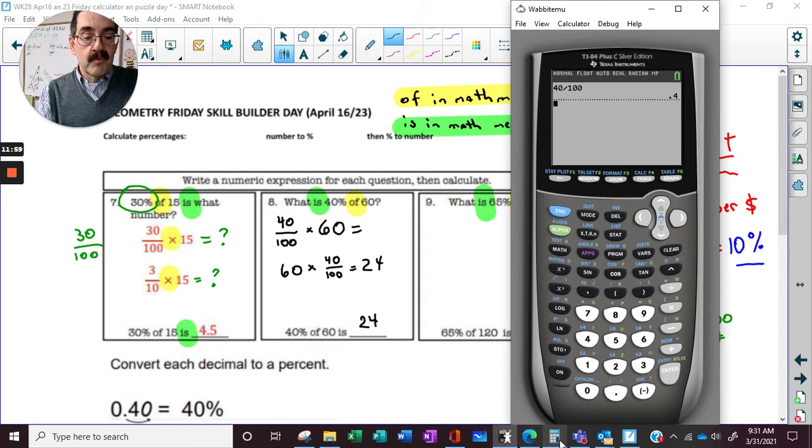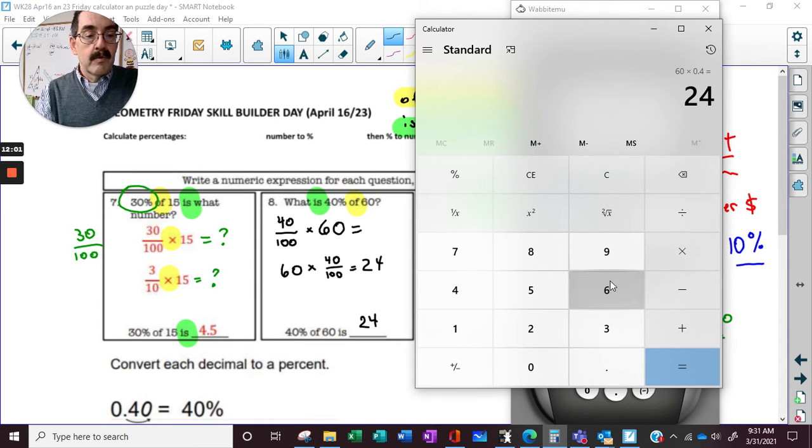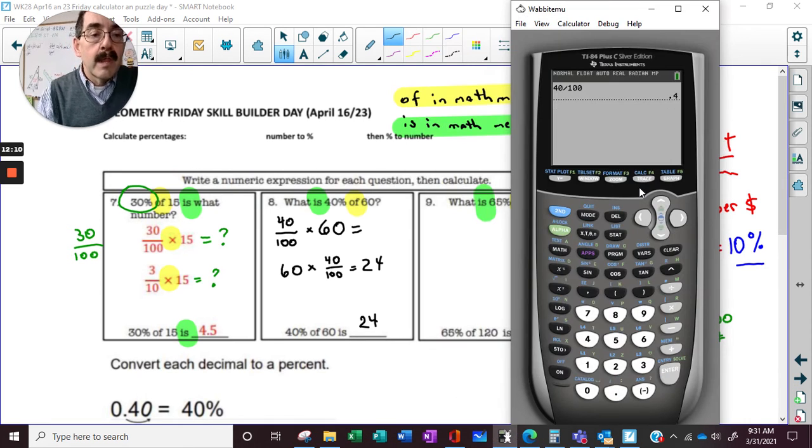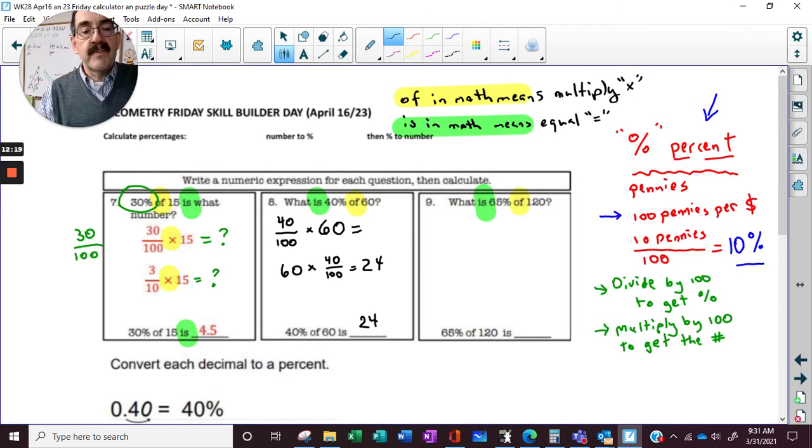Remember how we had the 0.4 here? We had 60 times 40%, the 0.4. Now we got the 0.4, and we're going to times 60 to get the 24. So pause the video, you guys try number 9.